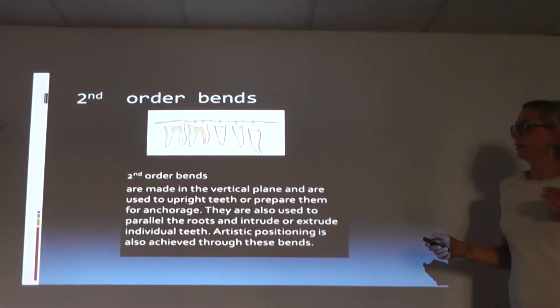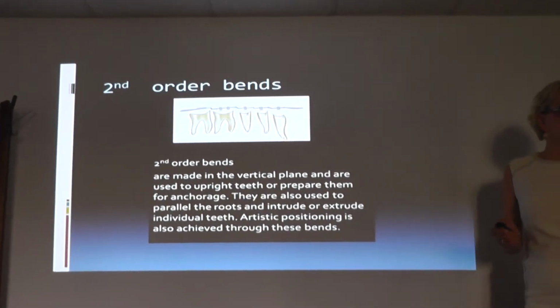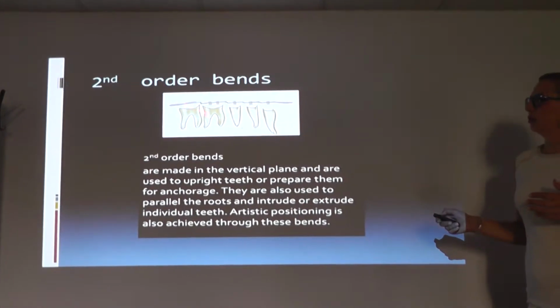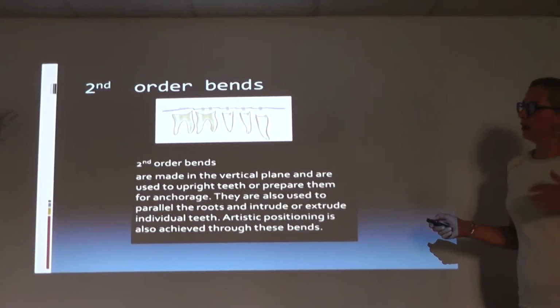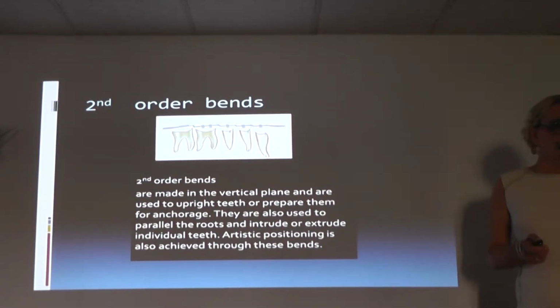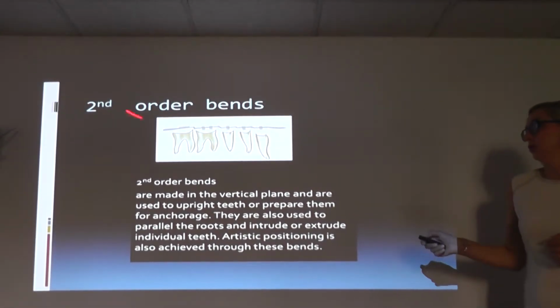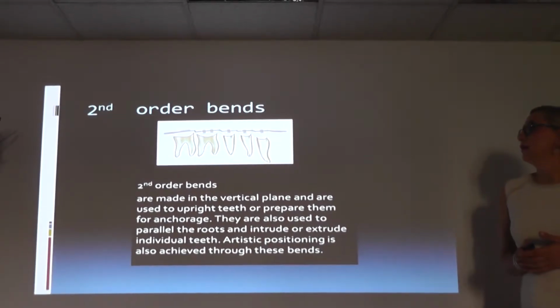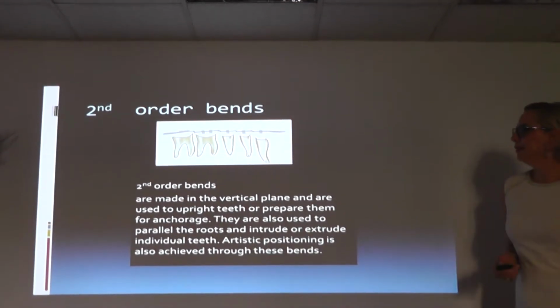You have to make compensation and decompensation bends so the second molar is not intruded, and then for the second bicuspid. But if you want, I can show you this bending if you want to see it.